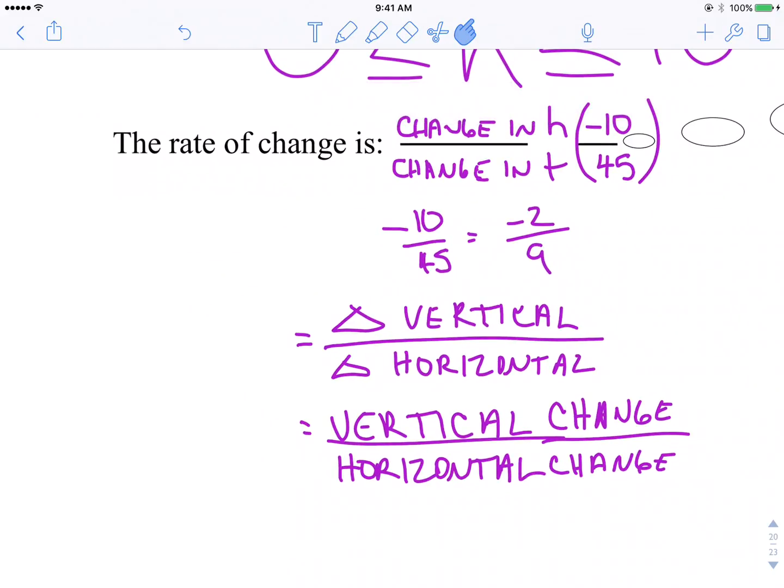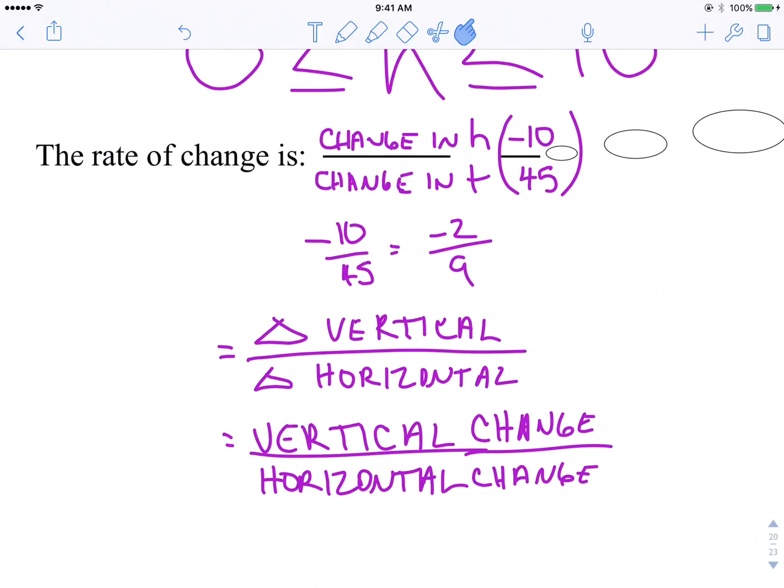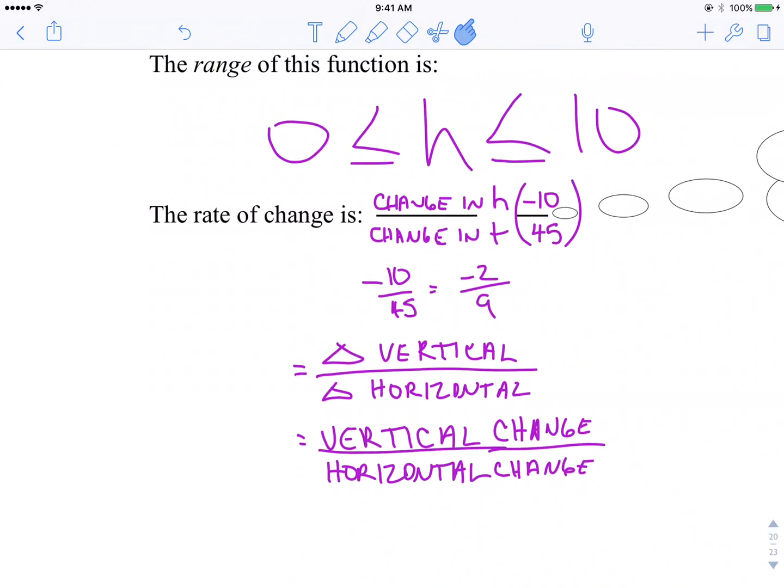That's our rate of change. Rate of change is the change in vertical distance over the change in horizontal distance. And in this case it was negative 10 over 45.